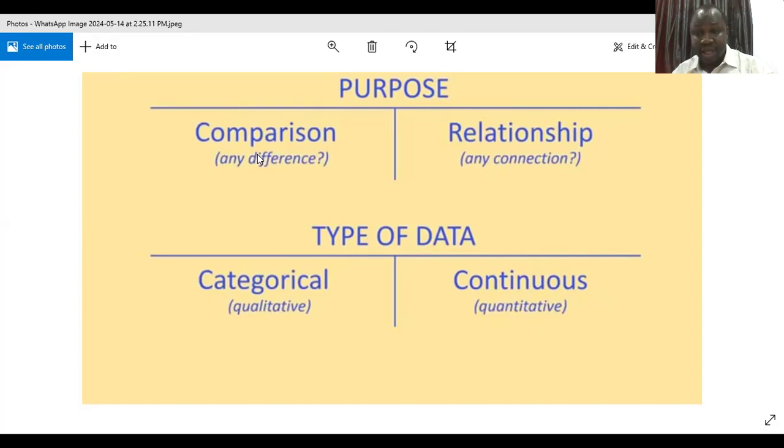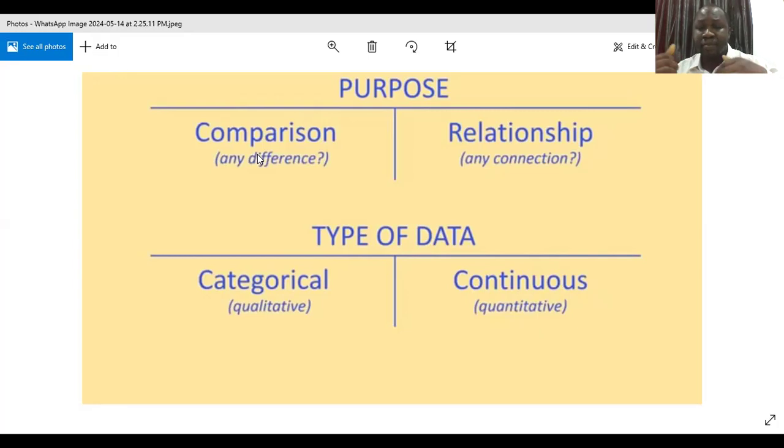And then you can ask me, how do you know a significant difference? It is when your p-value is less than 0.05. If you attend my data analysis training, you will understand what I'm trying to say, but that comes in when we are using the software. This is just me creating the understanding.